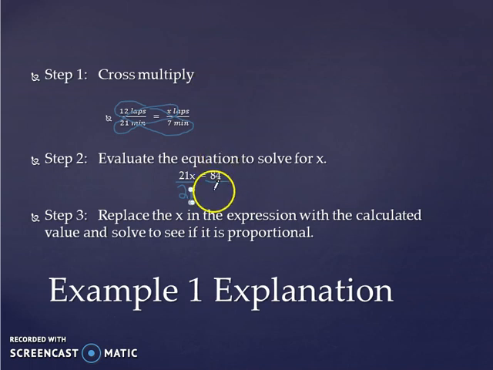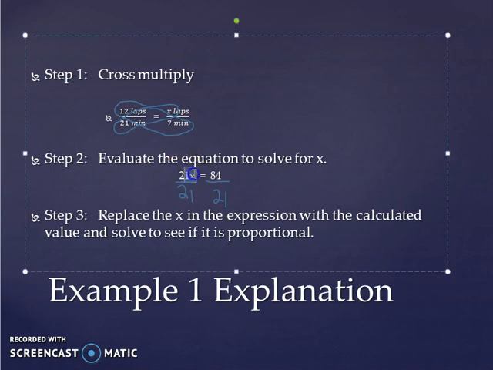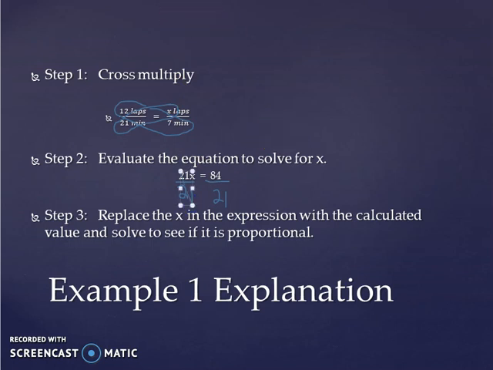Remember that when you divide one side by a number, you've got to multiply or divide both sides by the same number to keep it equal. So here when we divide 21x by 21, we actually end up with just x left. So these cancel out, and we just end up with x.